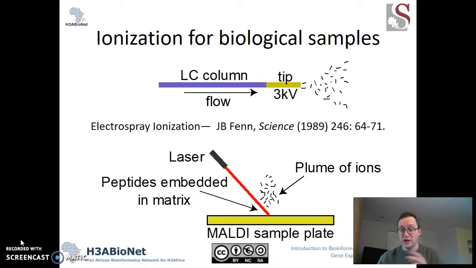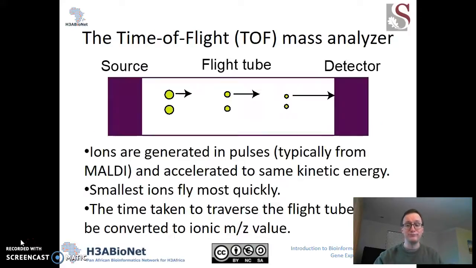And the same Nobel Prize was also awarded for MALDI, matrix-assisted laser desorption ionization. Essentially, you have a gold plate and a little spot of proteins embedded in matrix. You hit it with a laser, and up pops a plume of ions. So both of these cases are useful for biological mass spectrometry. The first when you use liquid chromatography, and the second when you don't.